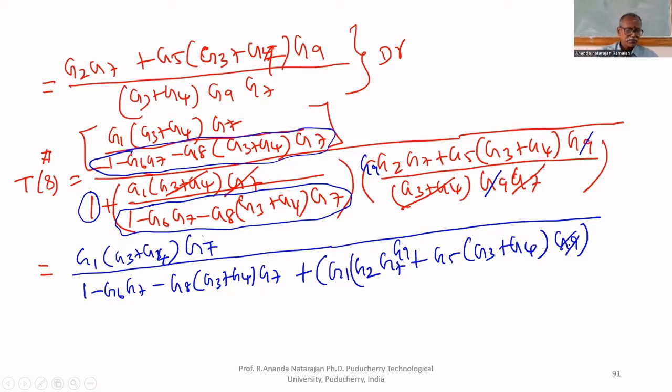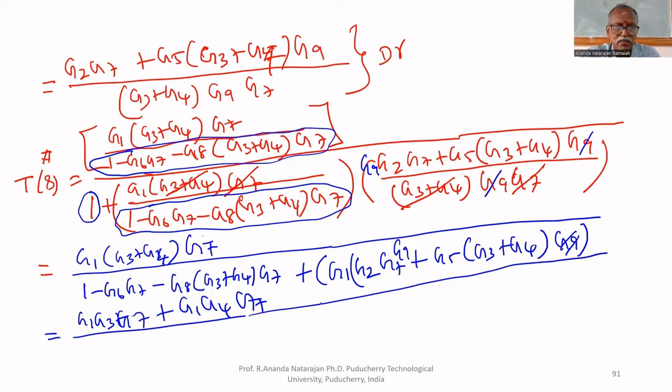Okay. So numerator is simplified, denominator we have to simplify. Numerator is G1, G3 plus G1, G3, G7 plus G1, G4, G7. That's all. This is numerator.